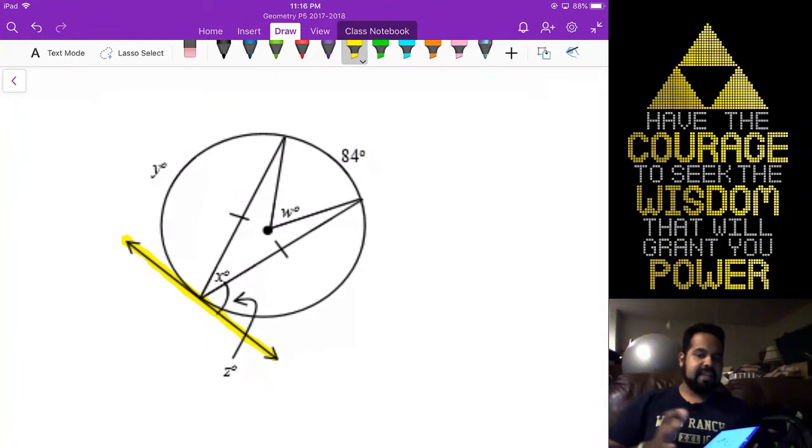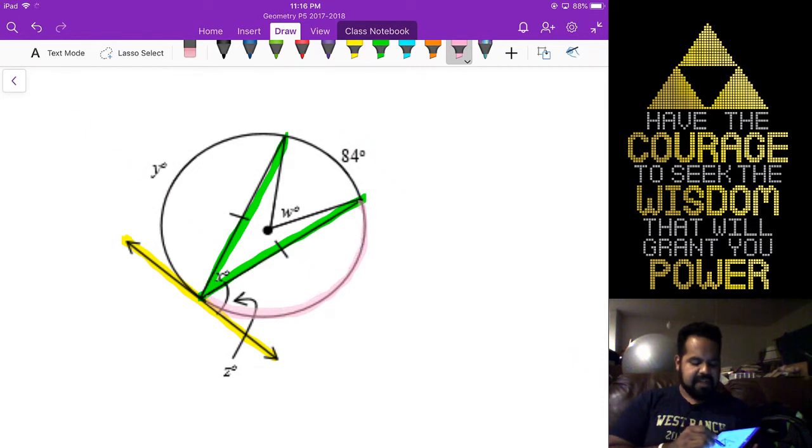Something I've told you before is if you have congruent chords, like these ones here, that means the arcs that they contain are also congruent. So these two arcs here are going to have the same measure.